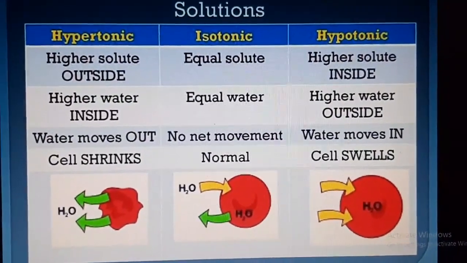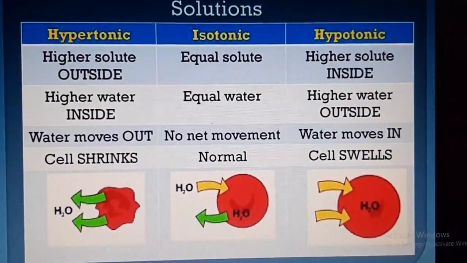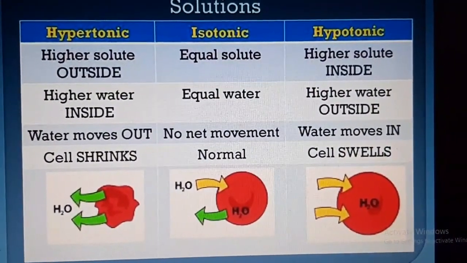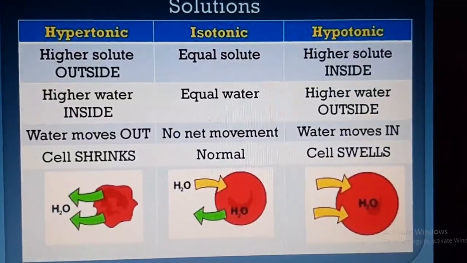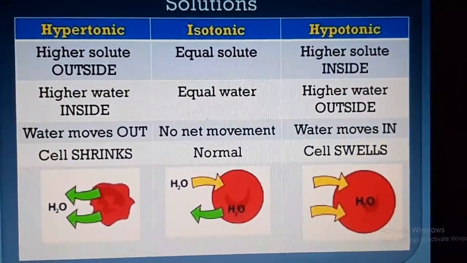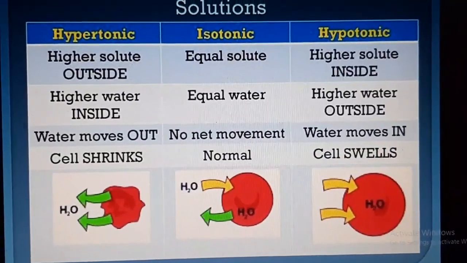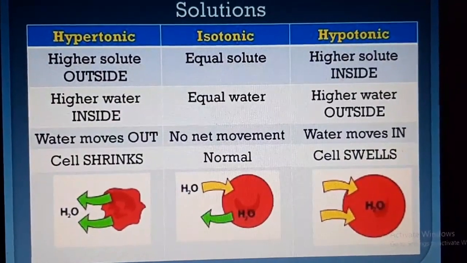Now isotonic solution. Iso means same. Which category are we considering, solute or solvent? Solvent. So there is same concentration of water inside as well as outside. Will there be any movement of the water molecules?